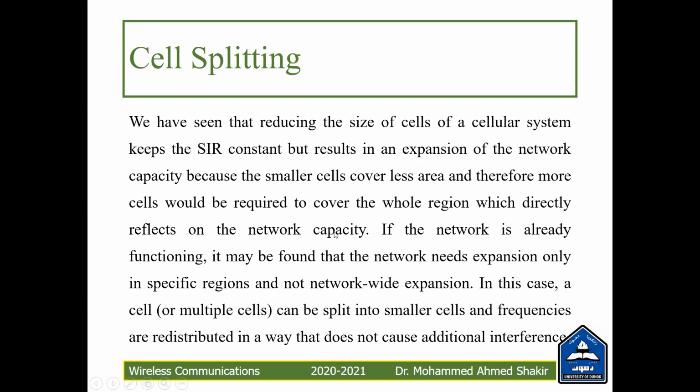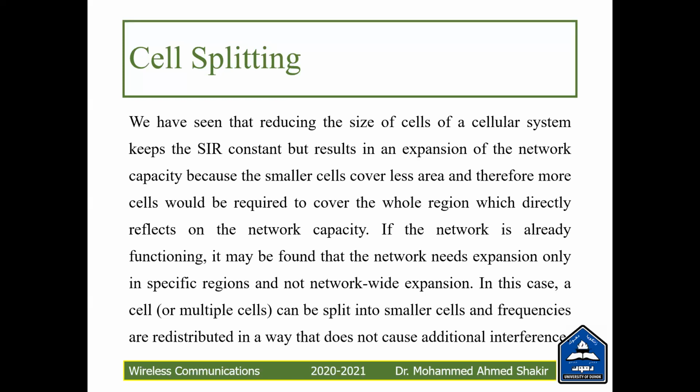Of course, when you talk about cell splitting, it is just like using smaller cluster sizes. Using a smaller cluster size means we have a large number of clusters that will be repeated in order to provide the same coverage area.